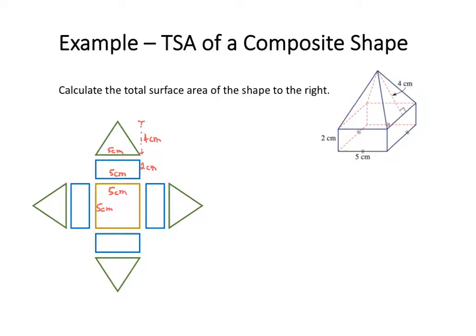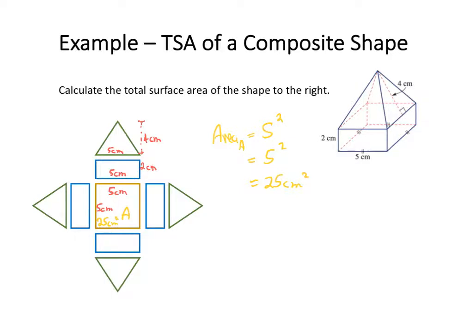So we'll start off our calculations by calculating the area of the square, and we'll call that A. So the area of A is going to be side squared. So substituting in the values, 5 squared, which is 25 centimeters squared, and we can add that 25 centimeters squared onto our net.